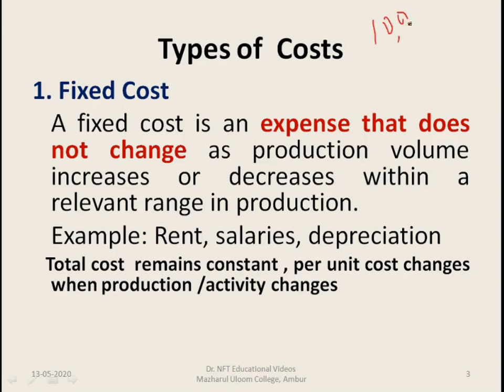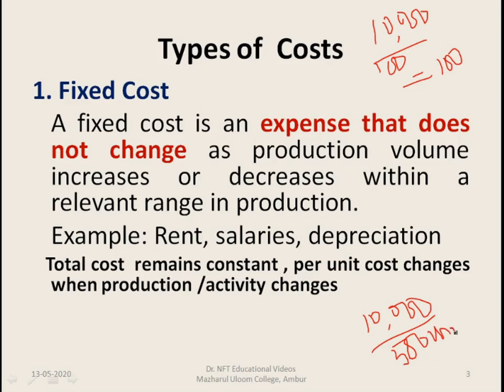Ten thousand divided by 100 will give you the cost of 100. At the same time, 10,000 divided by 500 units produced gives a cost per unit of 20. So you can see that the per unit cost differs, whereas the total rent remains the same.